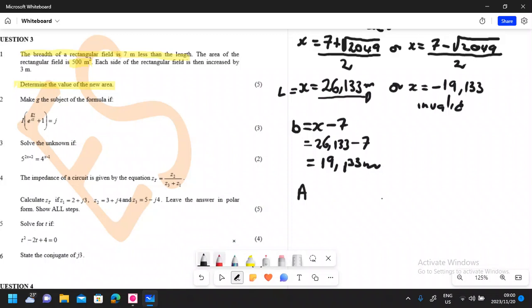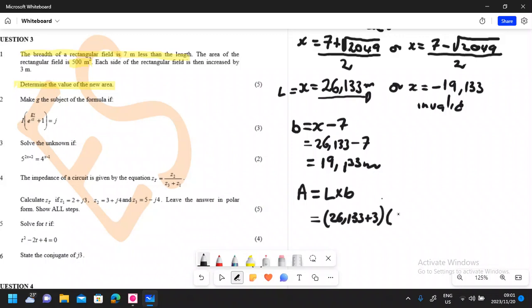All right, so the formula for area is length multiplied by the breadth, right? But remember, these sides are increased by 3 meters now. So what is our length? Which is 26.133. Remember, we are increasing it by 3 meters, so we're gonna add 3. Then we multiply by the breadth.